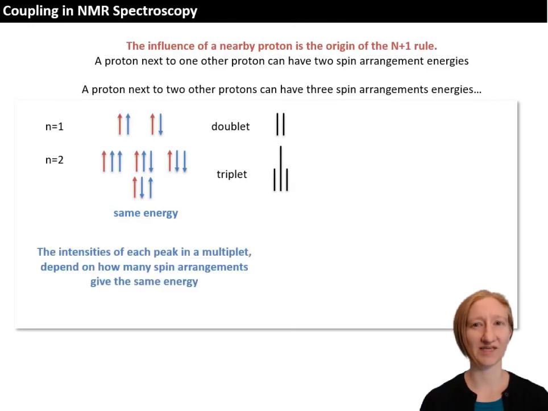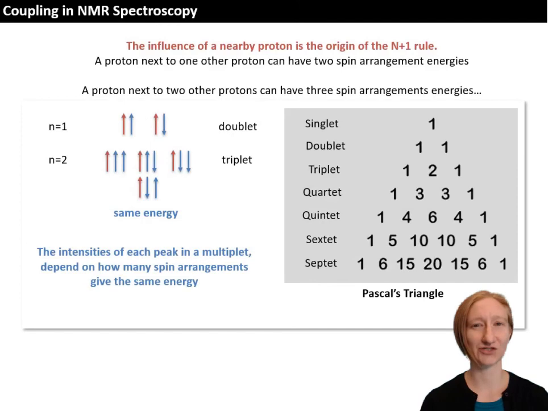And we can use Pascal's triangle to simplify this process for us. That's shown to the right here. And it shows us that a singlet will have one line. A doublet will have two lines in a 1-to-1 ratio. A triplet will have three lines in a 1-to-2-to-1 ratio. A quartet will have four lines in a 1-to-3-to-3-to-1 ratio, and so on.